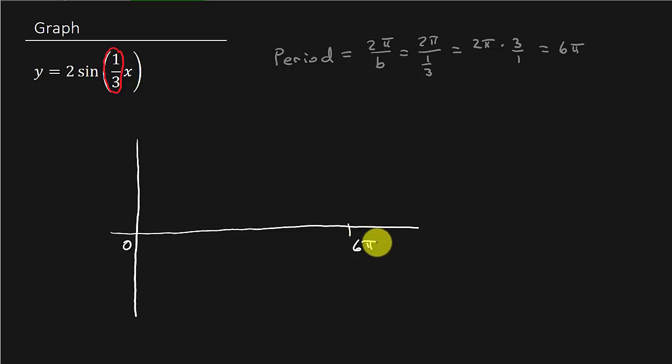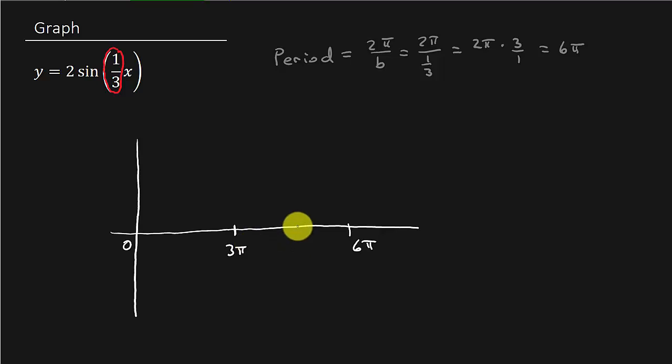Now, what we have to do is divide this up into 4 equal intervals. So what we want to do is find the midpoint between 0 and 6 pi. We can all see that the midpoint there is 3 pi.